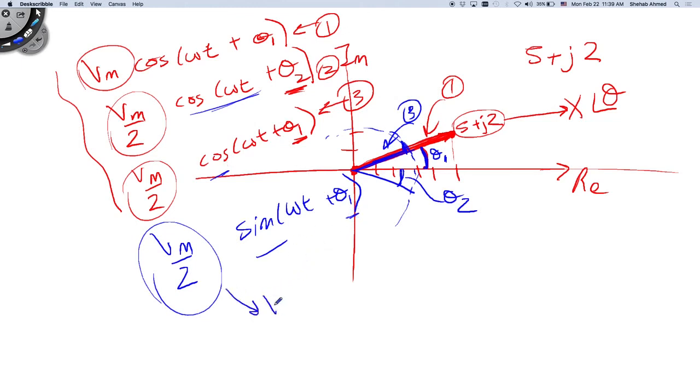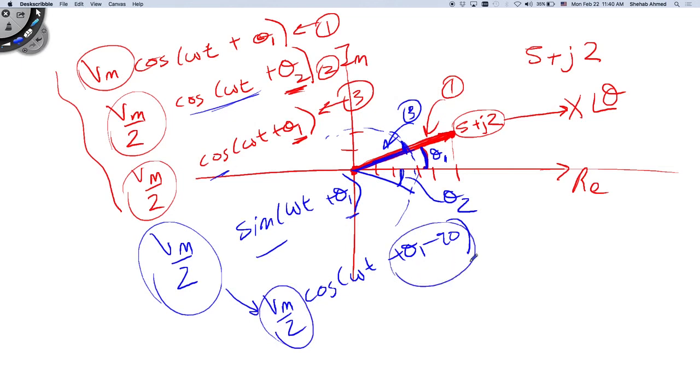So this is also equal to V max over 2 cosine omega t plus theta 1. Remember, plus would take me to the right, minus would take me to the left. So I will subtract 90 degrees from it. So my magnitude is this, and my phase angle is now theta 1 minus 90.